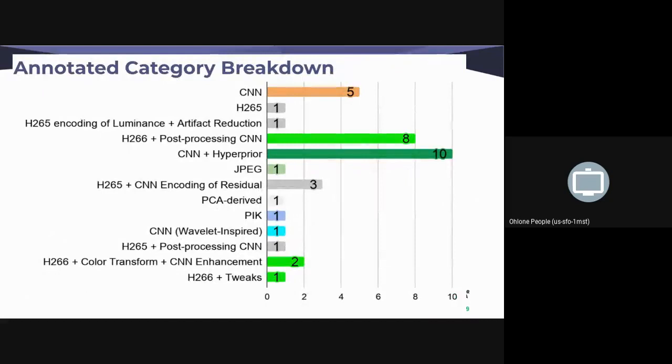But we actually ran this in 2019 as well. And we saw a huge increase in terms of methods that are purely neural or that had a neural component. And in fact, this business of hyperprior has been the most popular method that people have derived from to make improvements.